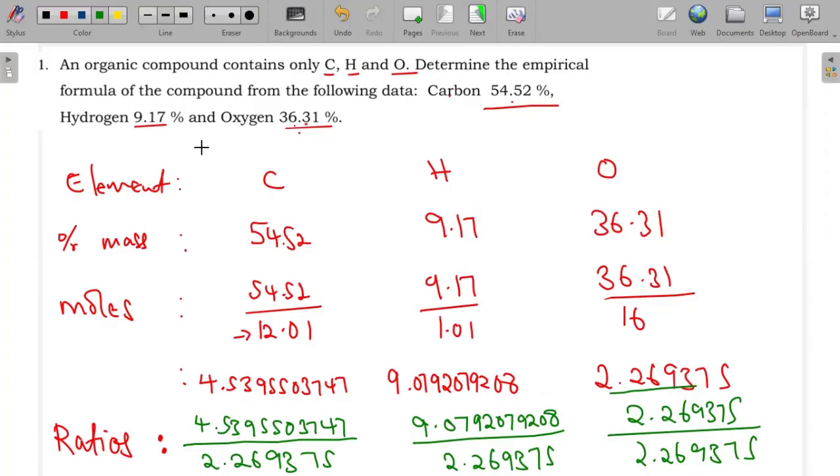When I divide this, I'm getting 2.0003526. What about here on the hydrogen? Let's do that. There I'm dividing 9.0792079208.